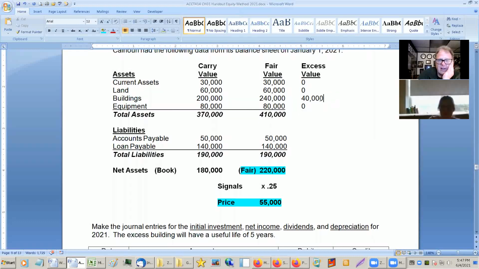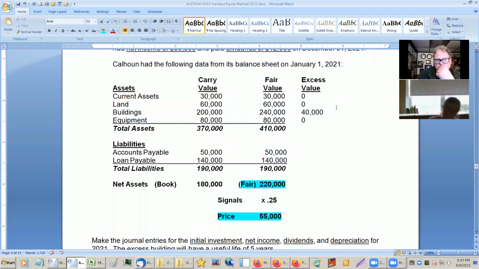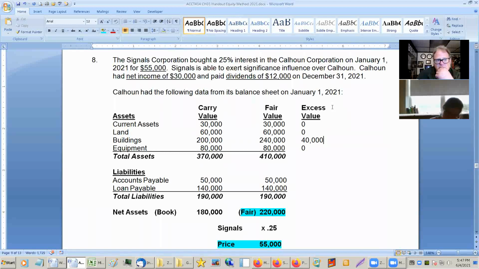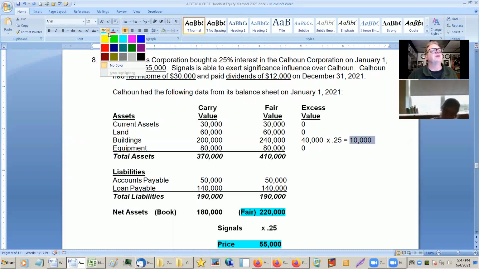This excess value is for the entire business, so Signals' portion will be times 25%, which is 10,000. And this is what they're going to have to depreciate, basically.